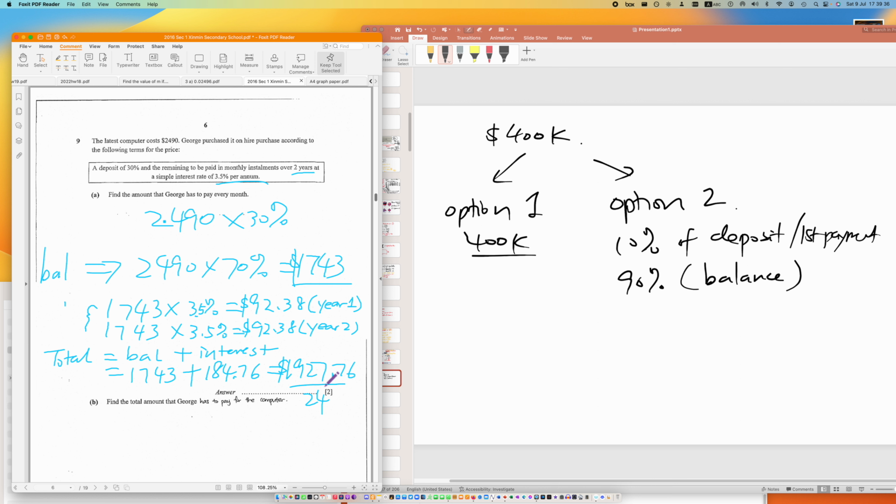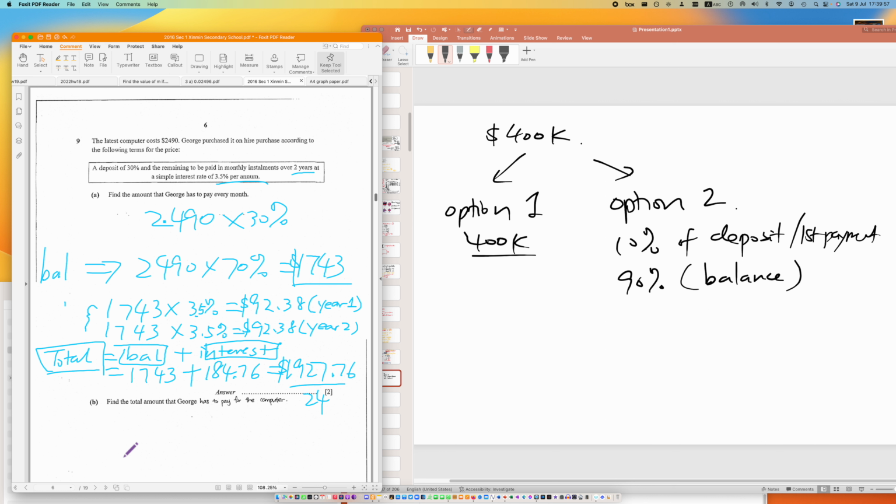I didn't add the 1,743. You have to, because interest plus the balance is the total you need to pay. Not only do you need to pay the interest, the balance also needs to be paid. You understand me or not? Because you only paid 30% mah.